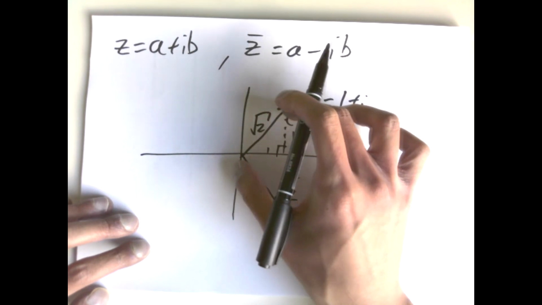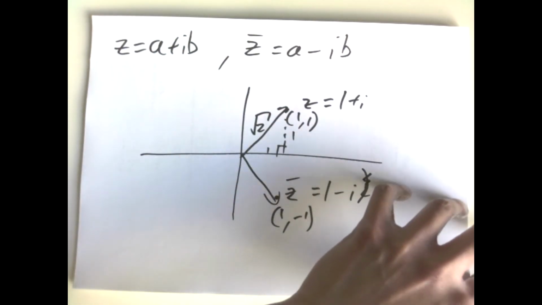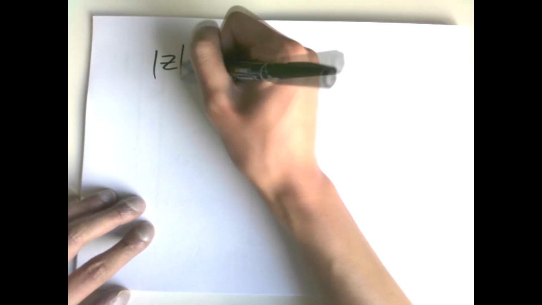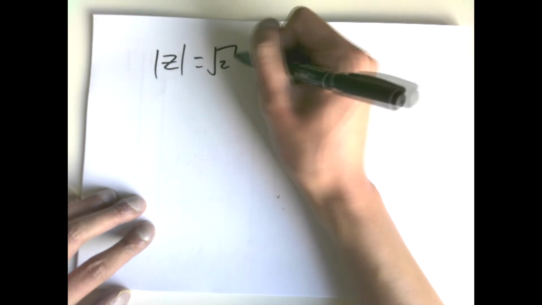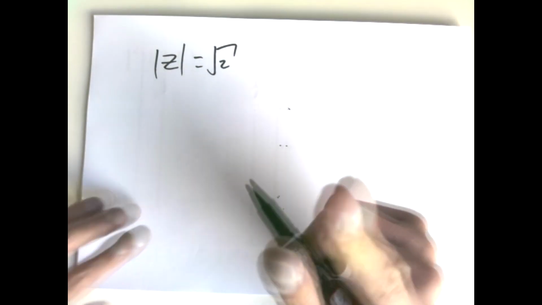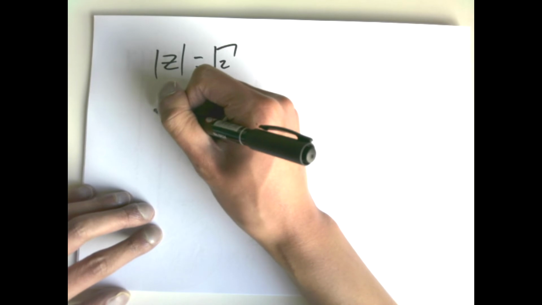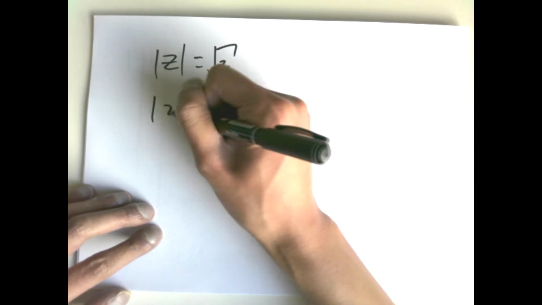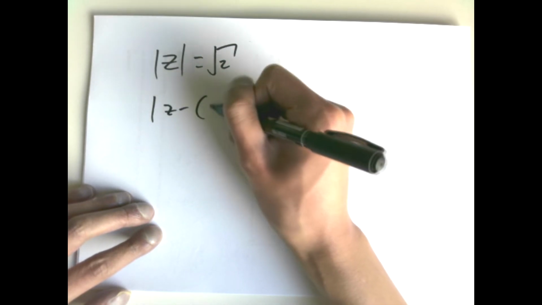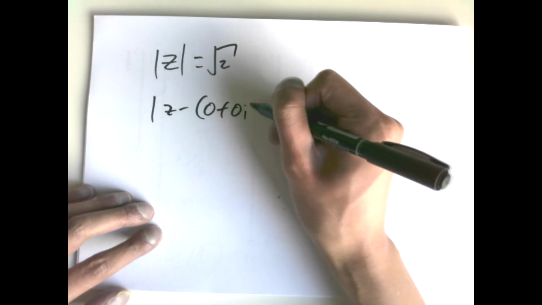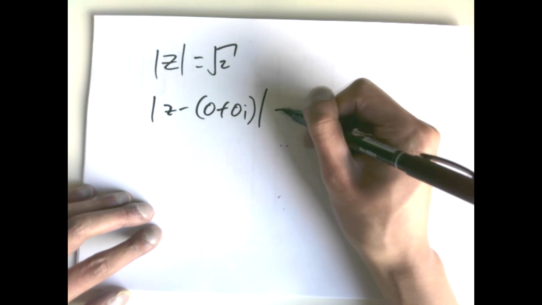So this complex number z has a magnitude of root 2, meaning how far it is from the origin. Or if you don't like to write it that way, you can write it as z minus (0 plus 0i), because that's the origin.